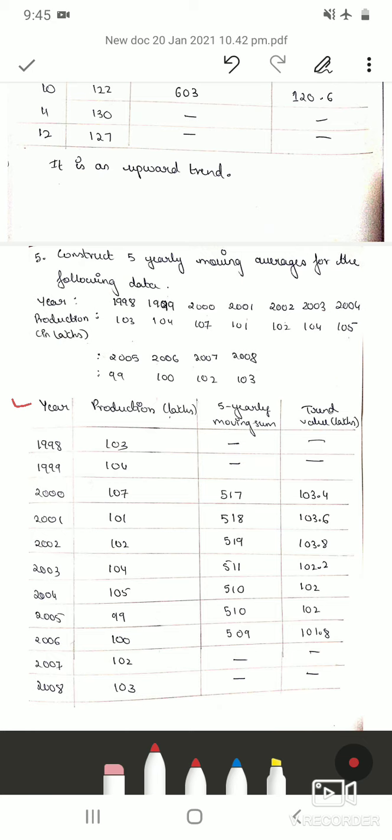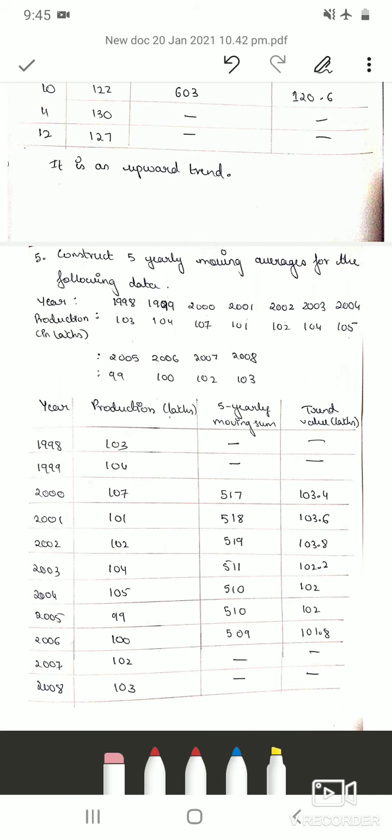For the year 1998, on the x-axis mark a dot where y is 103. Similarly plot the original values for all the given years. To plot the trend values, the first trend value is at year 2000. So for 2000 on the x-axis, mark where y is 103.4, and similarly up to 2006 the trend values are given.